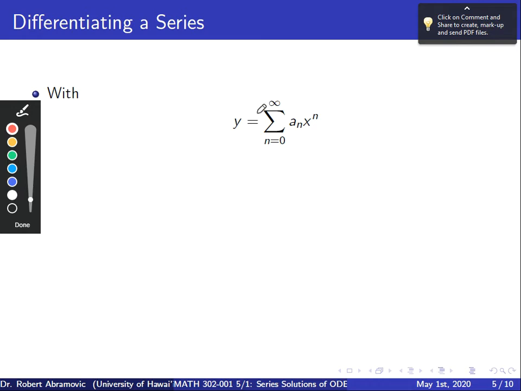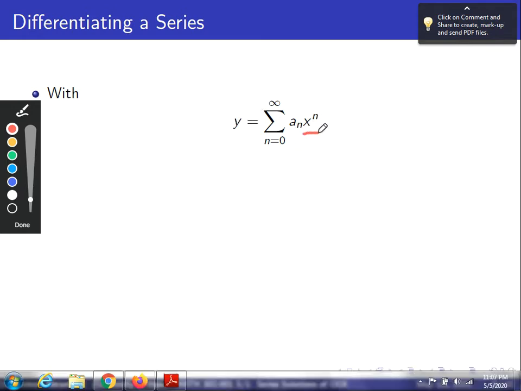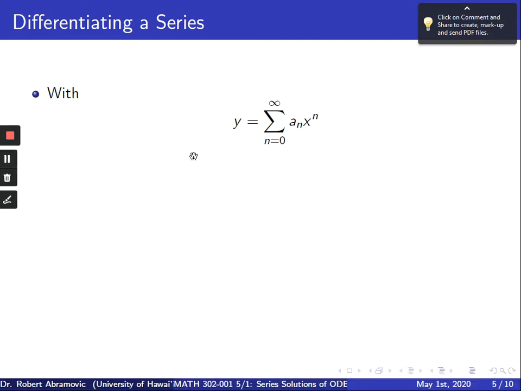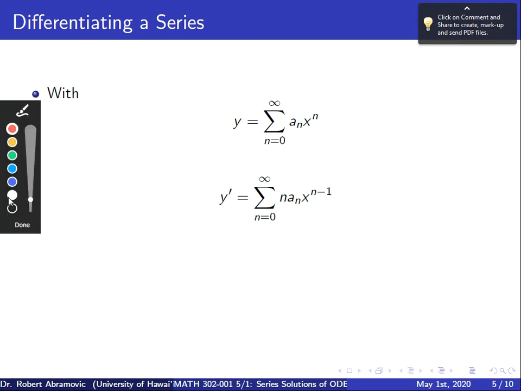If we set y, an unknown function, to be an unknown power series, so here that means a sub n times x to the n, okay, that's a known function, but a sub n is unknown. What happens when you start differentiating? Well, notice this infinite sum is a limit of polynomials. So it turns out that when you differentiate, you can just differentiate term by term.